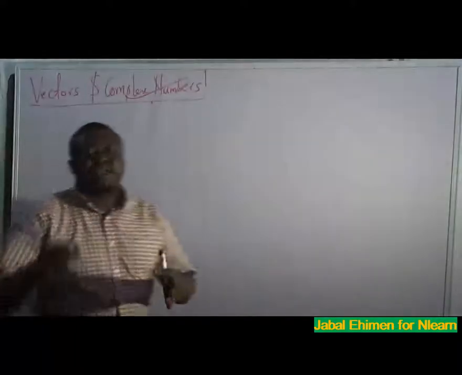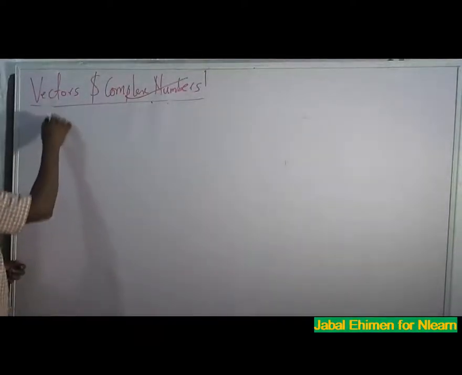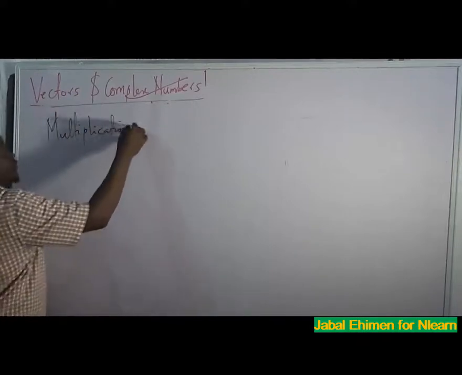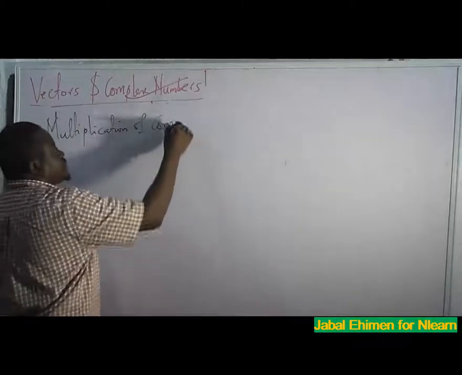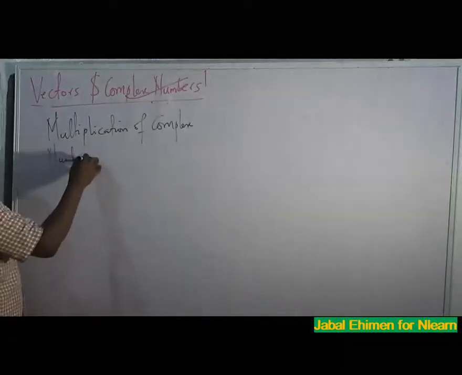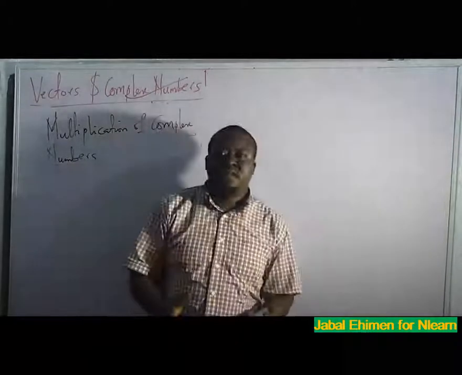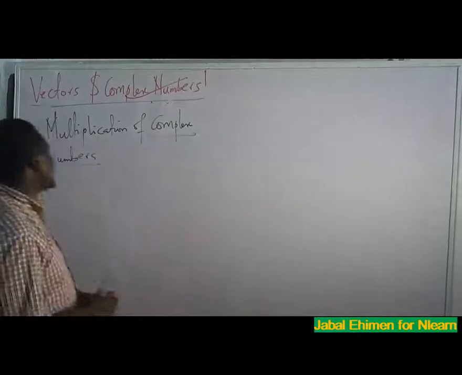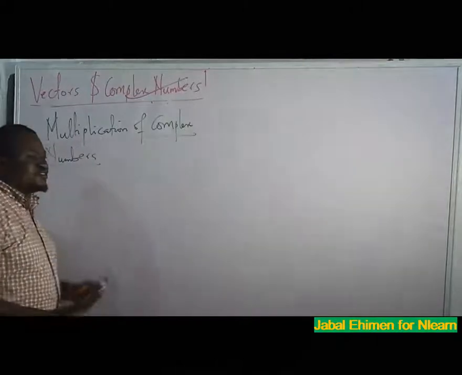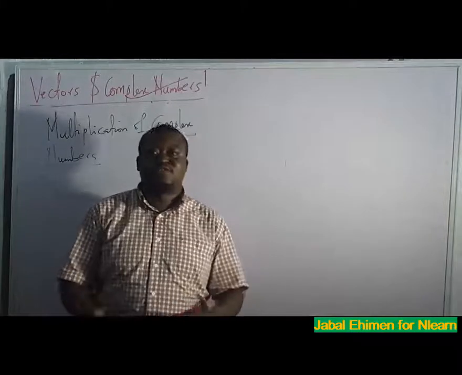So, complex numbers for multiplication. Complex numbers can be multiplied. For the multiplication of complex numbers, you can consider that normal multiplication is multiplying one value with another. 2 times 3 is equal to 6.